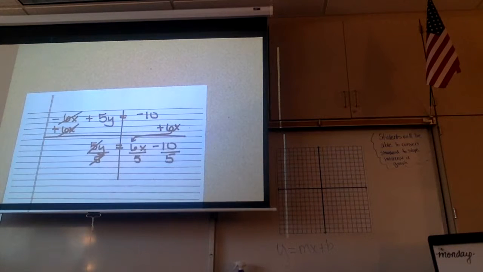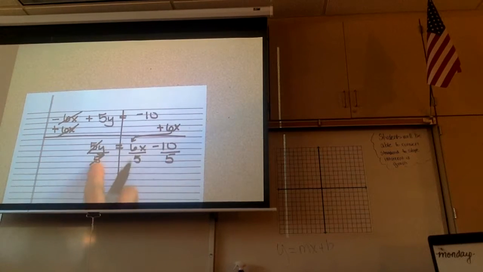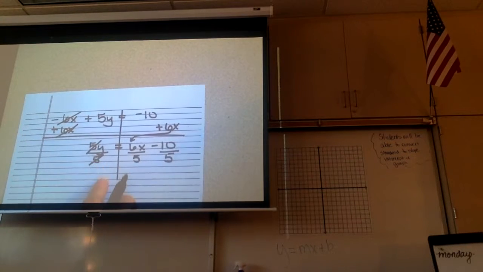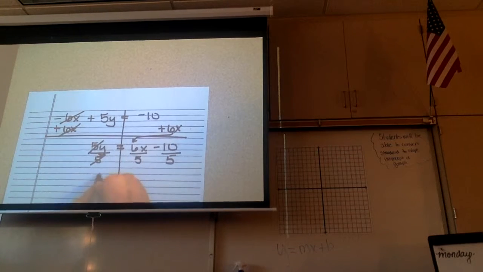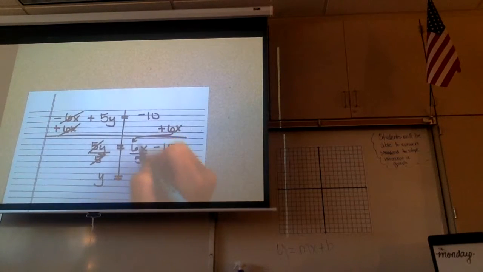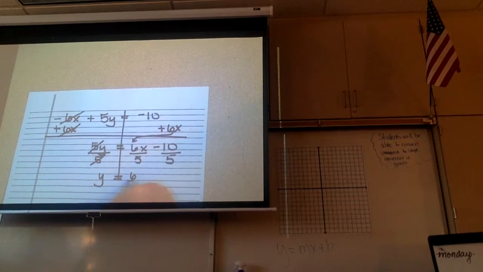Beautiful. What am I left with there, Jesse? What's 5 divided by 5? That just cancels out, right? So what am I left with? Just y. So y equals, these numbers are fine to be a fraction because remember that's our moves, that's our rise and run.